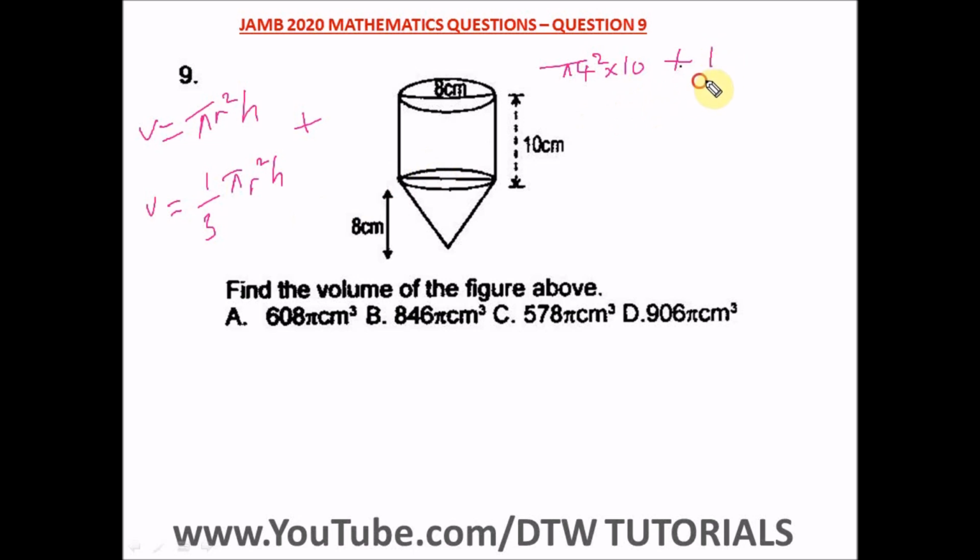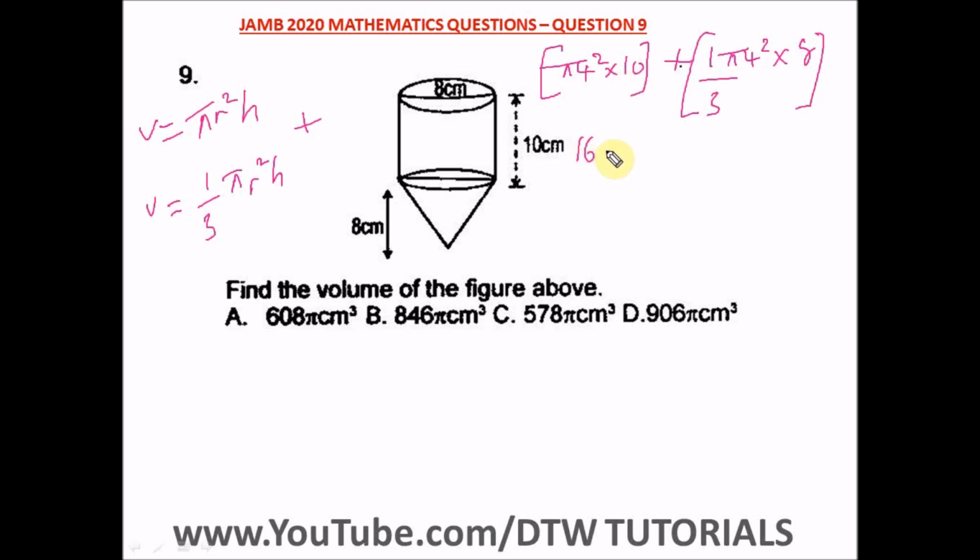So we have 1/3, we have our pi. The radius of the cylinder is the same as the radius of the cone, which is 4 square. Times, now the height of this cone is what? 8 and not 10. So if we work out 4 square, it will give us 16 times 10, which is 160.